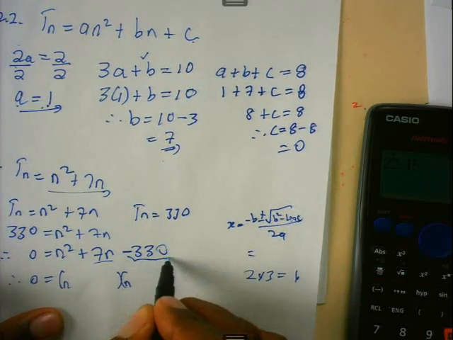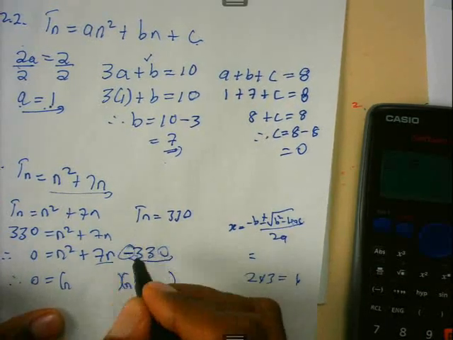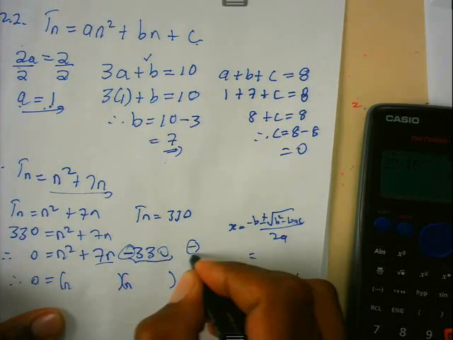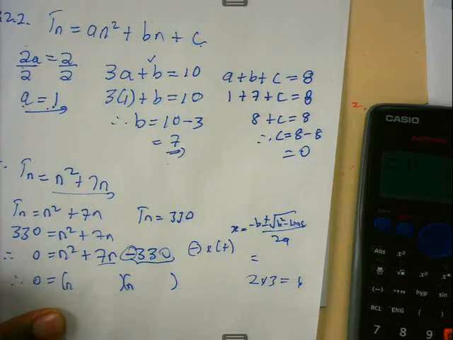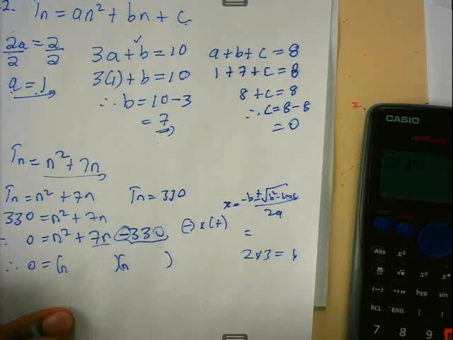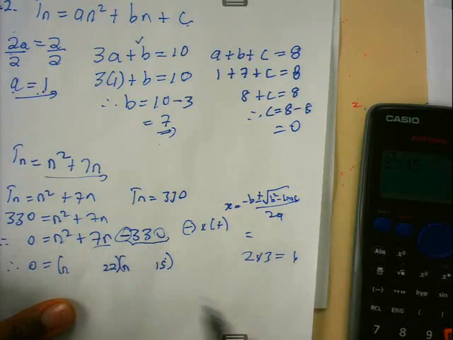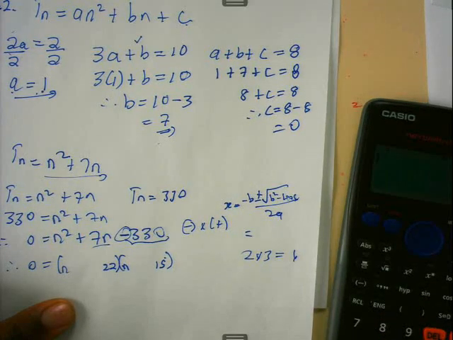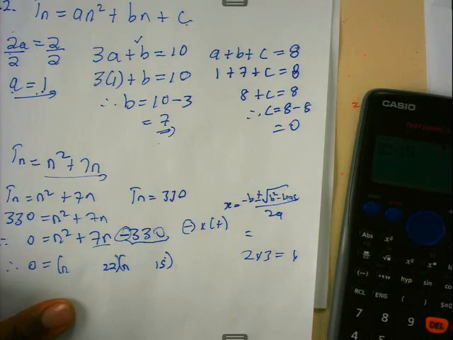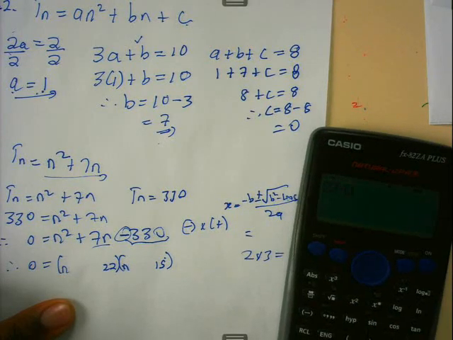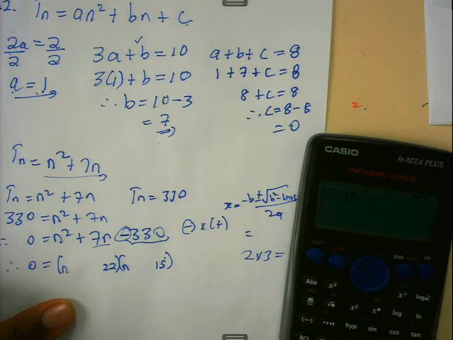Because here we have minus 330. You remember the only time where we have a negative sign is when you take a negative multiplied by a positive. Right? Now, this one here will be 15 and the other one then will be 22. You remember 22 multiplied by 15 is exactly 330, and also 22 minus 15, the difference there is 7.